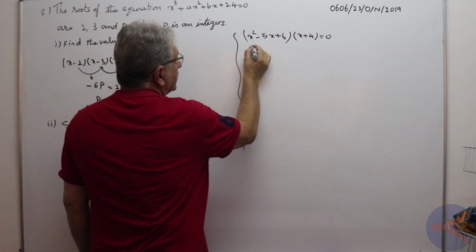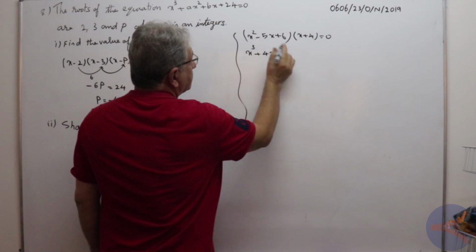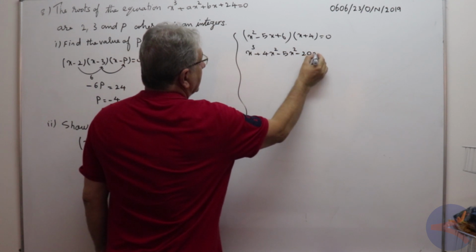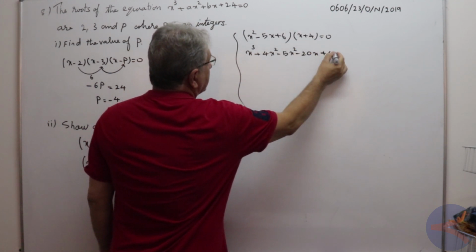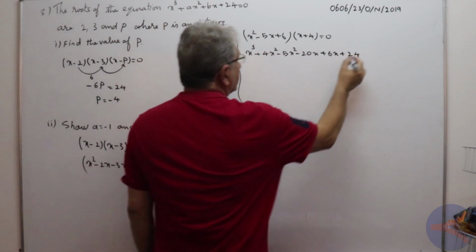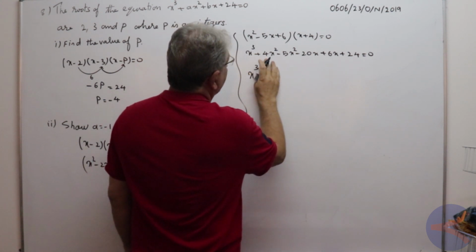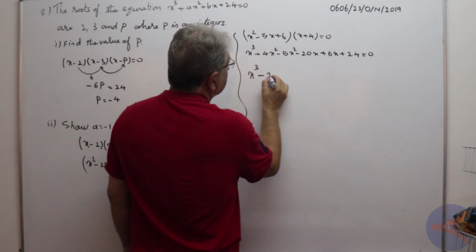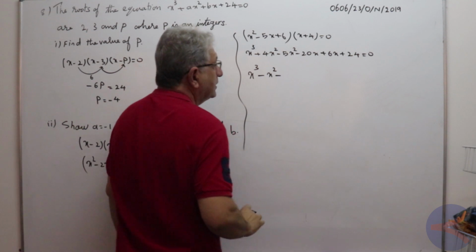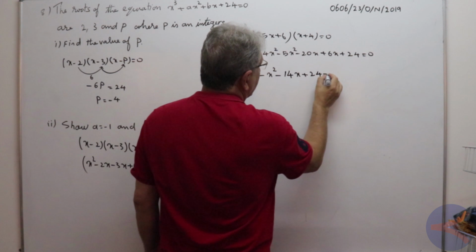I'm going to get x cubed plus 4x squared, then minus 5x squared minus 20x plus 6x plus 24, equal to 0. Now x squared we have here and here: plus 4x squared minus 5x squared is minus x squared. The x terms are similar again, therefore it is minus 14x plus 24 equal to 0.